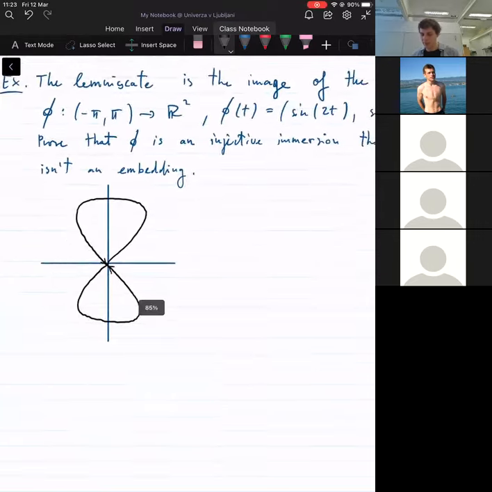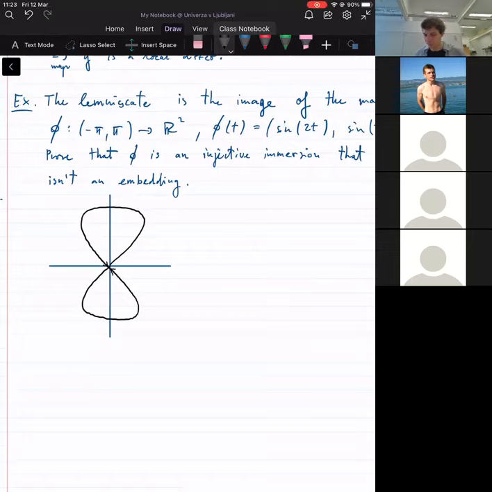So indeed it is a figure 8 curve, and it's not missing any point.